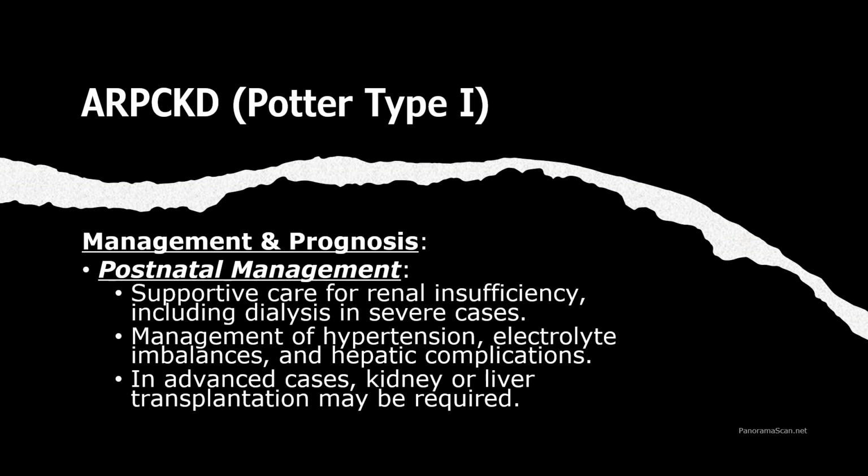Oligohydramnios and pulmonary hypoplasia seen in early pregnancy can negatively impact survival rates. However, with proper management, some individuals can live into adulthood, although they may experience chronic renal issues.